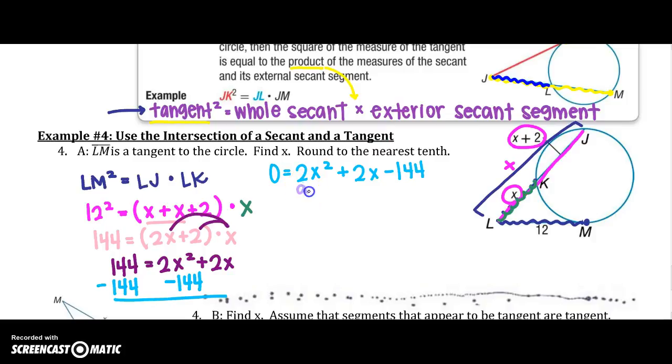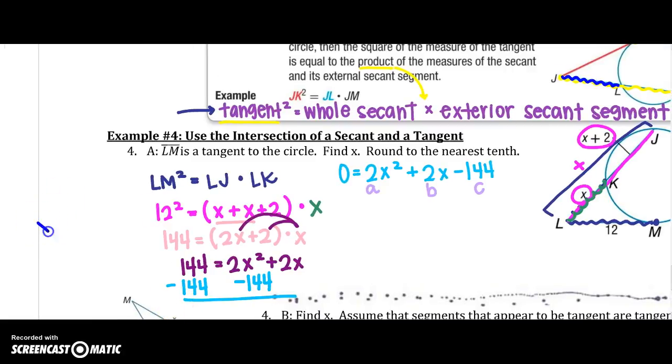So remember, a comes in with the x squared, b is with the x, and c is by itself. And remember our quadratic formula. X equals negative b plus or minus square root b squared minus 4ac all over 2a.